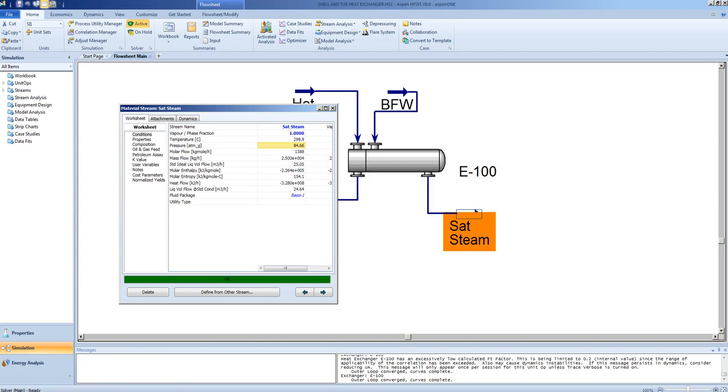By specifying a vapor fraction of 1, we are saying that all the water is vaporized and is at its saturated conditions. Note the temperature is now 299.9 degrees, which is determined from the phase relationship. The pressure is determined from the pressure drop we specified in the exchanger.